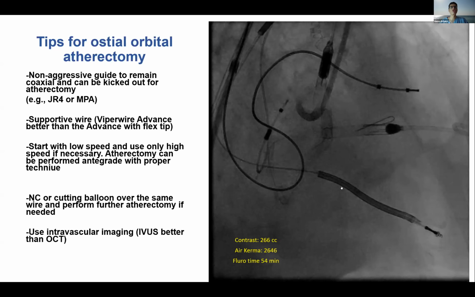In that case, you may also have some luxury of time to just take your balloon out and then just put the covered stent. So it depends on the perforation size, and also on how bad the issue is that you're having.